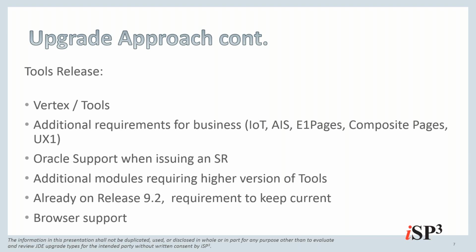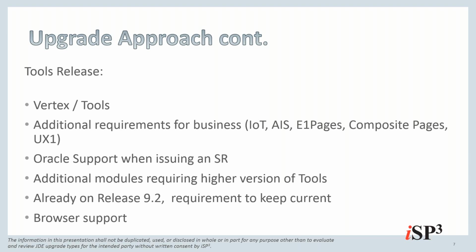So that's a driving force to upgrade your tools. Additional requirements: the power users or the team wants to go with the Orchestrator, AIS, composite pages, maybe you want UX1. All of that is a tools requirement level that you may not be on. And same thing with Oracle support, same scenario with the tool set versus the application release, etc.